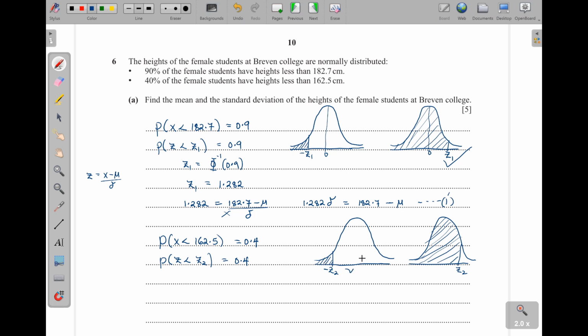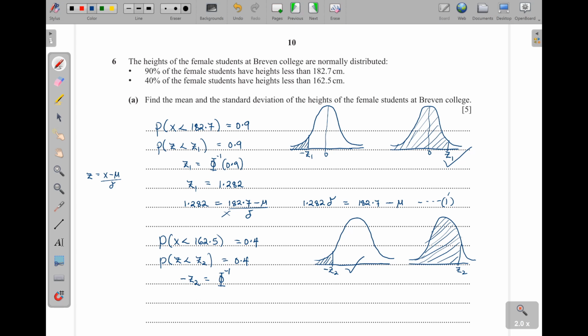Automatically, it has to be this one here. Why? Because the other one is bigger than 0.5, because just this one here is the 0.5, you see? So there's something that is added on it, so it will be bigger than 0.5. So we are picking this one. So meaning z is a negative value, and then we find the phi inverse of the 0.4.